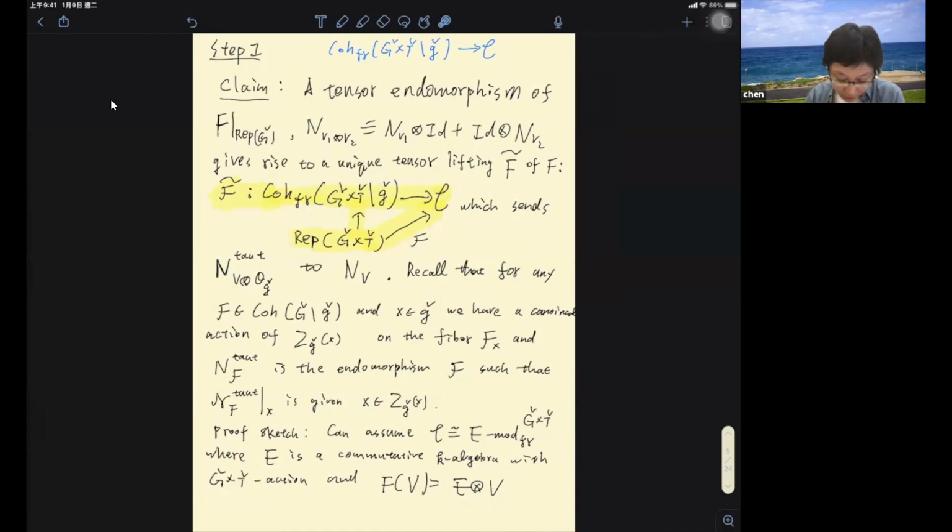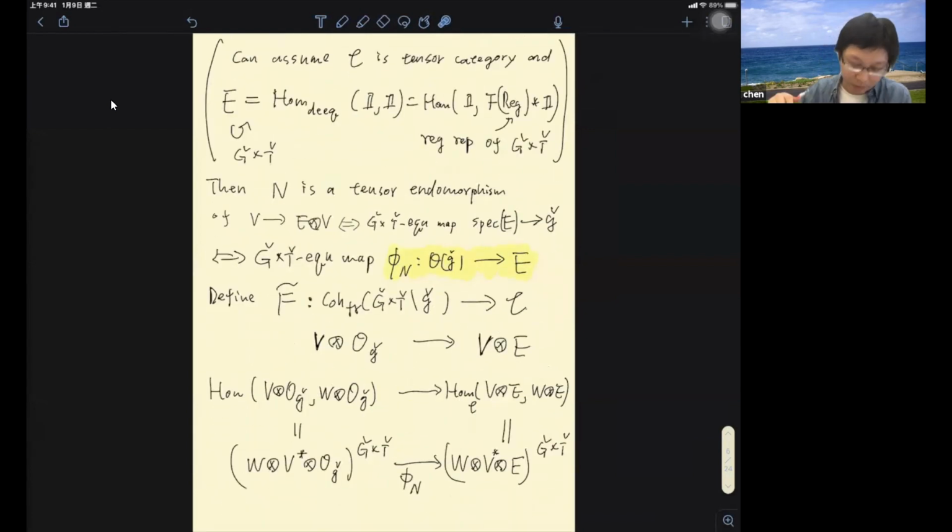So we have these reductions, and this reduction is explained in the paper. Roughly the reason is that by some general construction, you can assume the target category is a tensor category. And then this algebra E is basically the Hom in the de-equivariantized category, which is by definition this. And you can check that this is commutative and has a natural action of G check times T check.